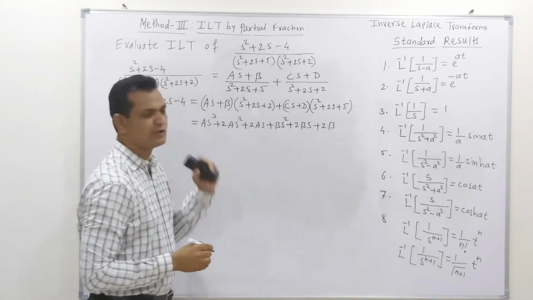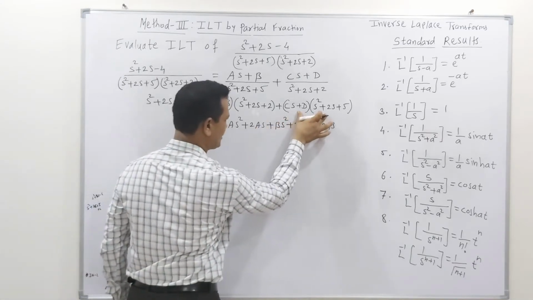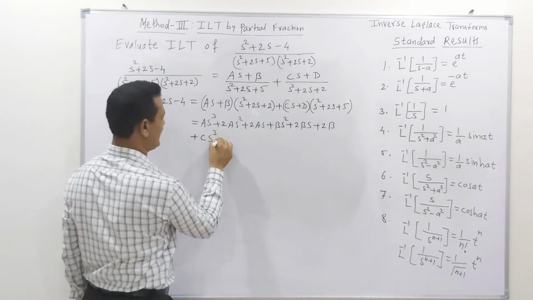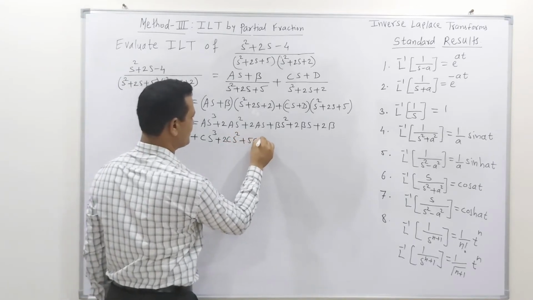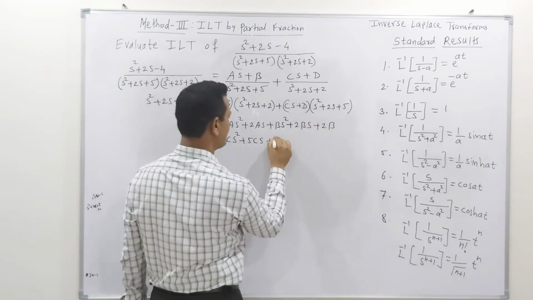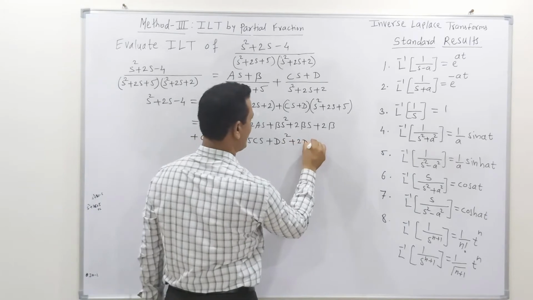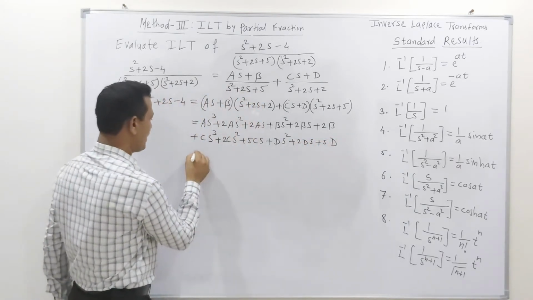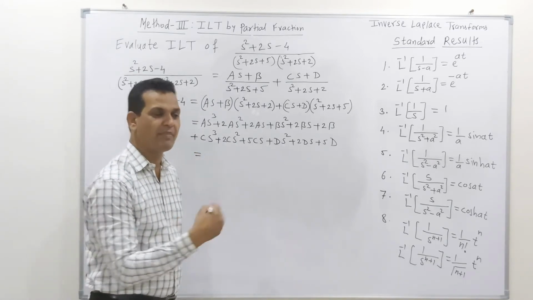Then plus, take the multiplication of this term, we get c s cube plus 2c s square plus 5c s, plus multiply d to this term, we get d s square plus 2ds plus 5d. Now according to our method, arrange this equation according to the decreasing power of s.